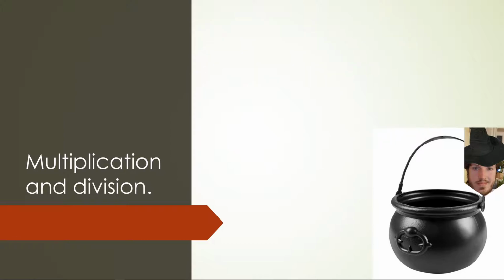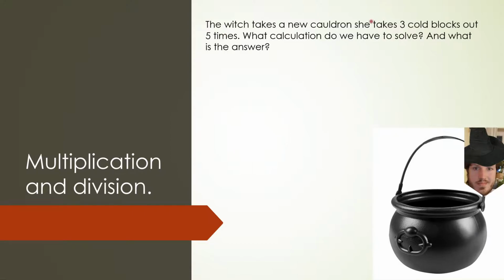Moving on, we now have a completely new cauldron. The witch takes a new cauldron. She takes 3 cold blocks out 5 times. What calculation do we have to solve, and what's the final answer? To solve this, we first have to look at what kind of numbers these are. This 3 says something about the cold blocks.